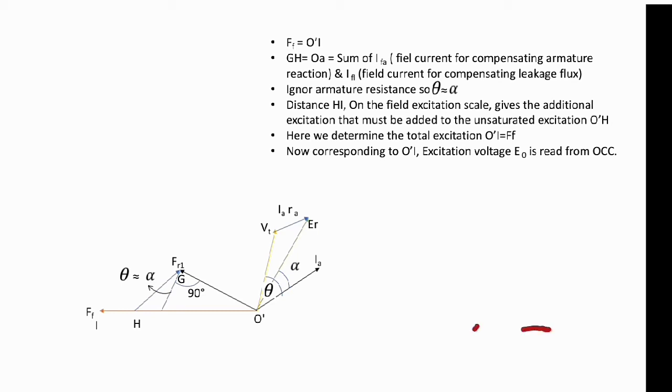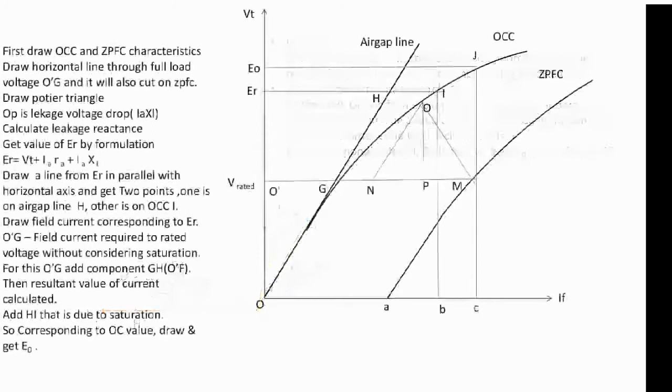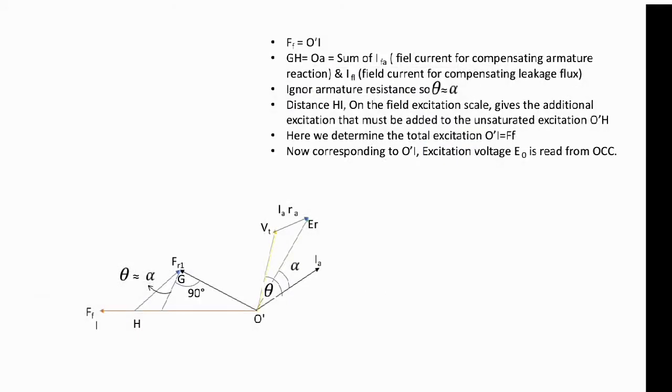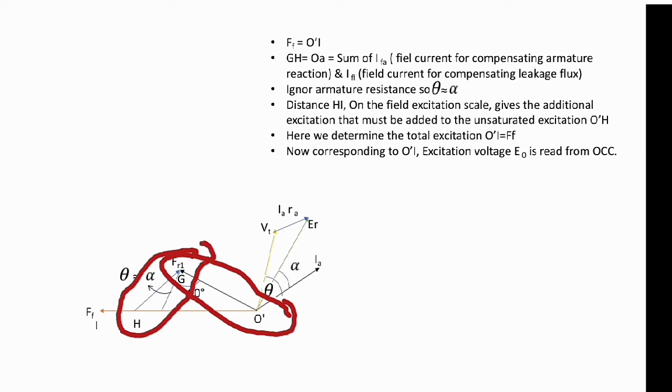This is the resultant. Remember, this vector comes from when we add O dash G and GH.